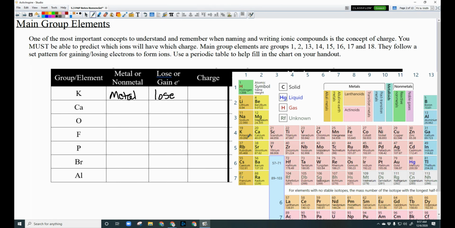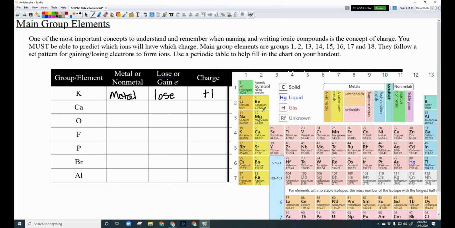All right. So how many is it going to lose? Well, potassium is in group 1. That means it has 1 valence electron. So it's going to lose that valence electron. So when it loses 1 electron, it's going to create a positive 1 charge. Because remember, from 5.1, the electrons are negatively charged. Losing that electron leaves the same number of protons in the nucleus.